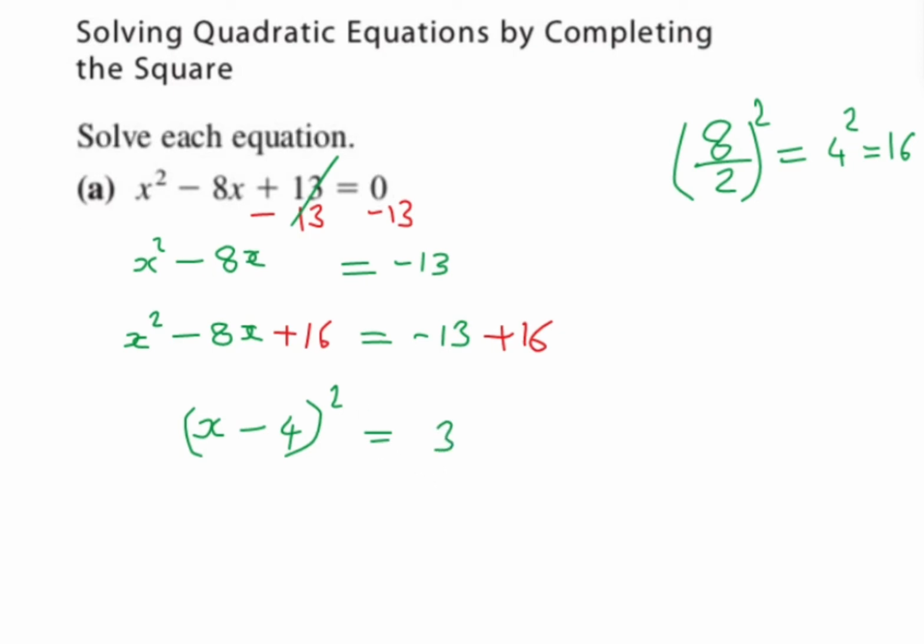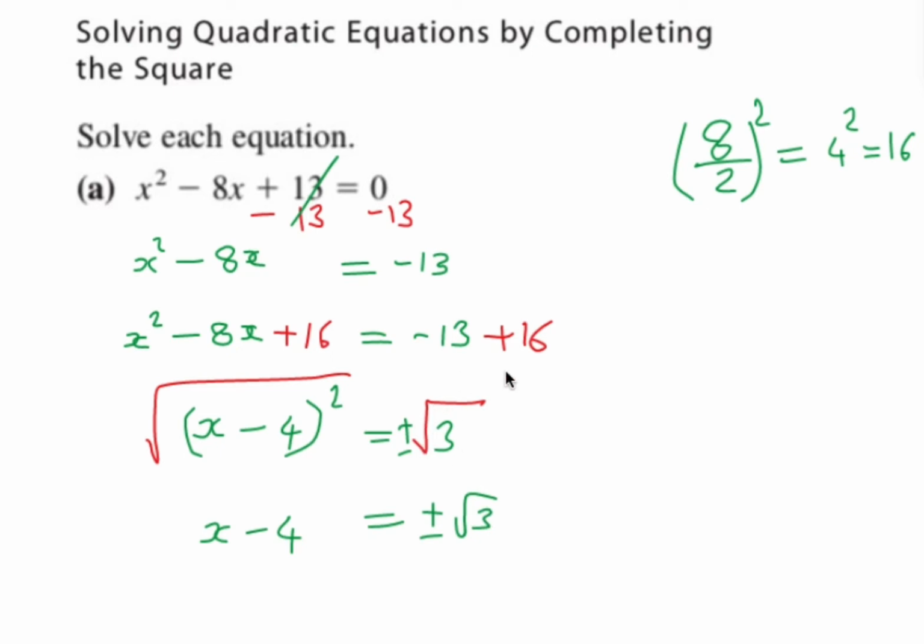Now taking square root both sides, because we have to find the value of x. So first we have to remove this square, and for this we have to take square root both sides. So x minus 4, because square root and square cancel, equals plus minus square root 3.